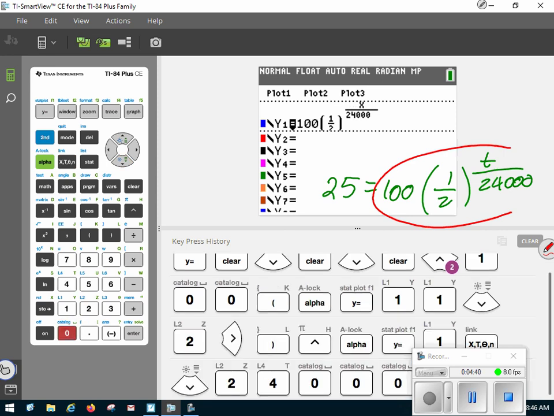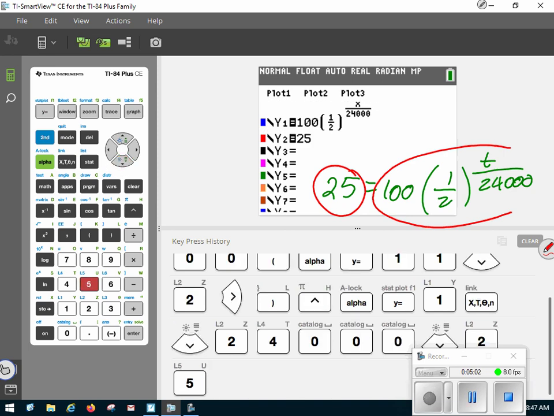So make it look like that. Now, what we want to know is when is that equal to 25? So I want you to go down to the second equation and just type in 25. Now what I'm looking for is, when are those two equations equal? When do they cross? That's what I'm going to be looking for.